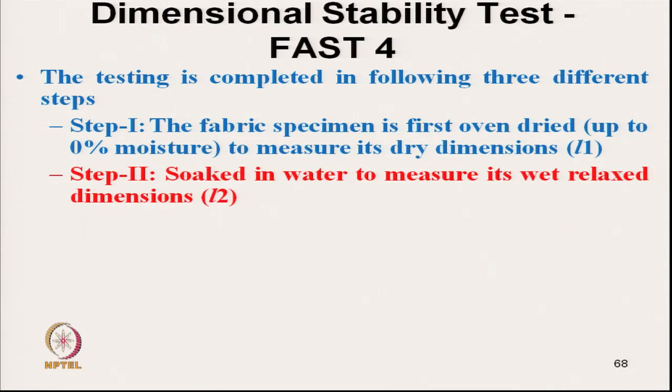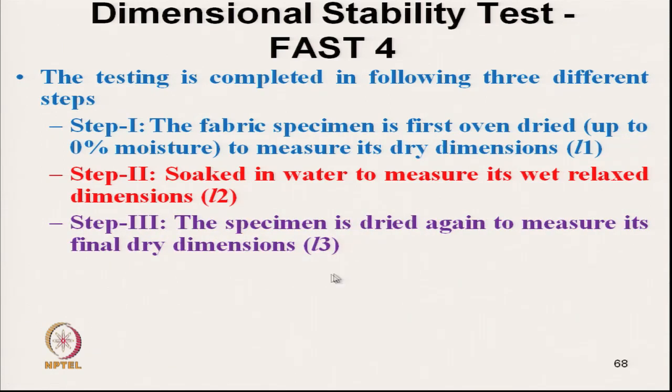In step 2, the fabric is soaked in water, and depending on the soiling and desoiling condition the fabric may get expanded or contracted. The dimension here is L2. Third, the specimen is dried again to measure the final dry dimension, L3.